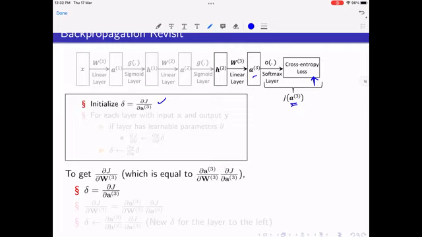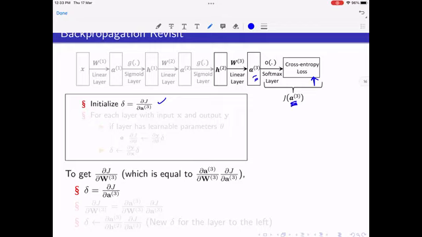The softmaxed output is the output activation, and A3 is the output pre-activation, right? So you compute the cross entropy loss and take the derivative.